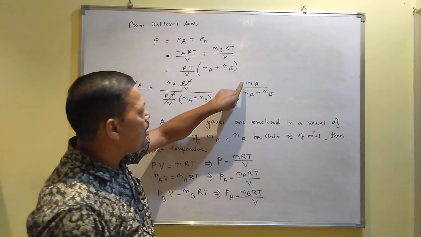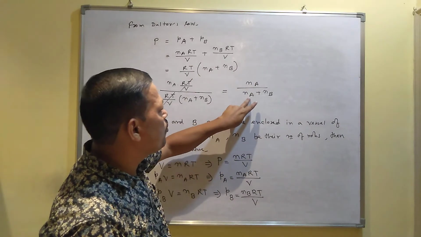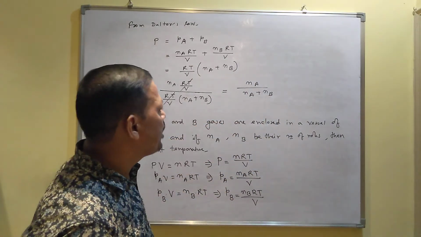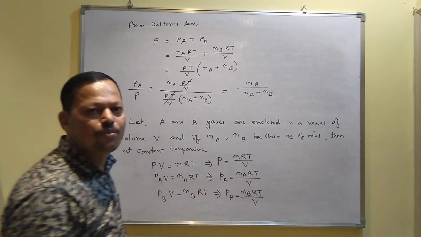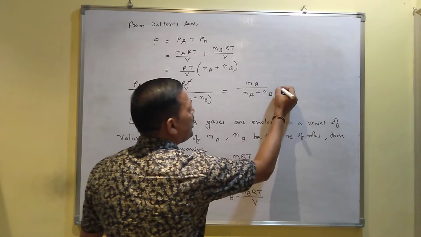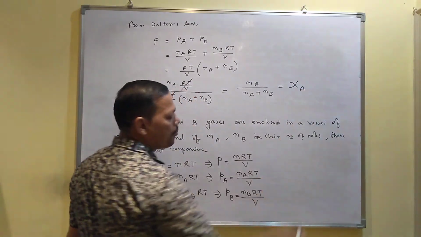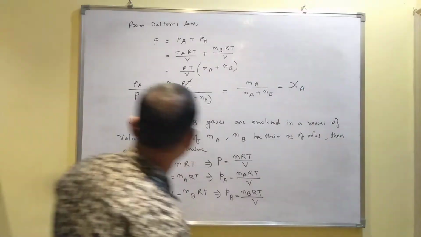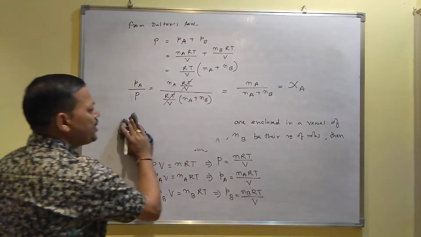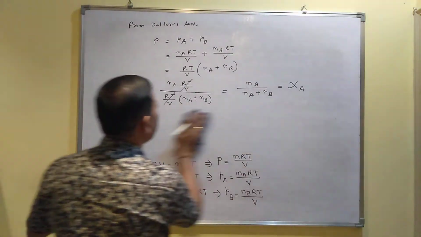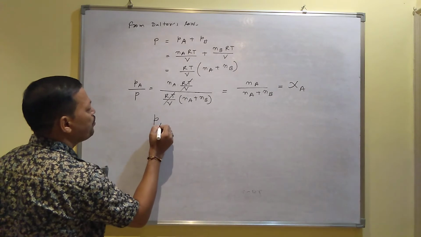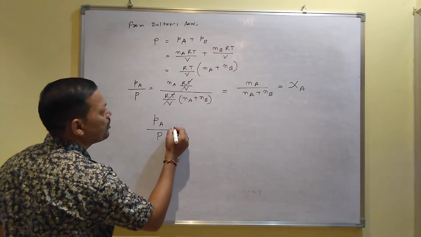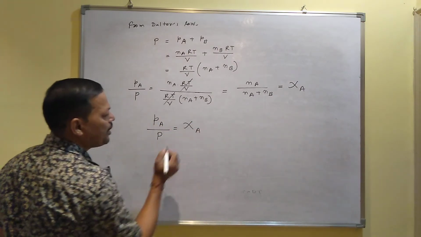What is nA? Number of moles of A divided by number of moles of A plus number of moles of B. You know, number of moles of a substance divided by total number of moles, that is called the mole fraction. Ultimately you can write this is equal to χA, I mean mole fraction of A. So that means you can write PA divided by P is equal to χA.